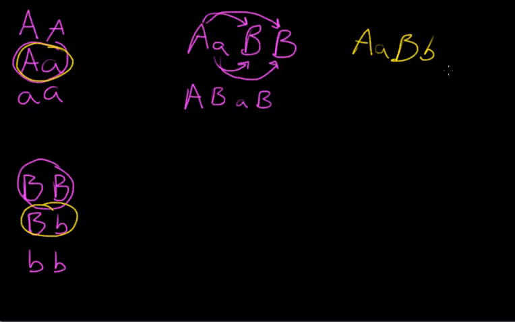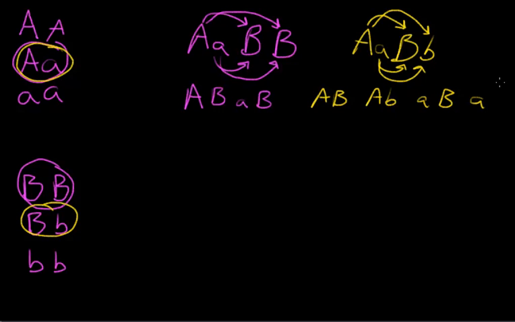Now we need to figure out all the possible combinations of A and B they can make. We start with the first A and take it with the first B, which gives us big A, big B. Then we take the same A and combine it with the other one, big A, little b. That's different, so we'll record it. Now we have little a, which will combine with the big B. That's something different that we haven't seen before. And then little a to little b. So we have our 4 different gametes here.